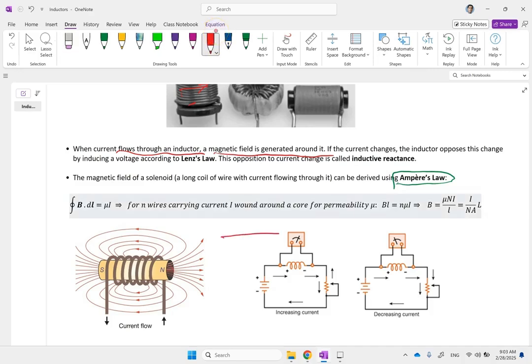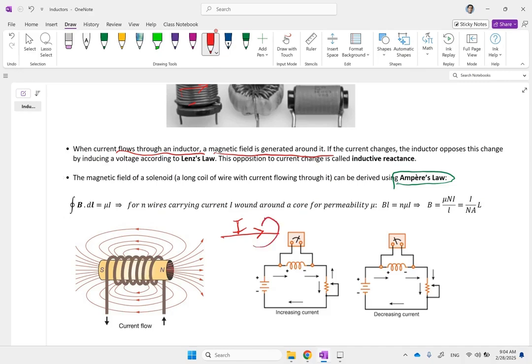It means if you have a wire like that, and the current passing through it is I, around this wire with current I, there will be a magnetic field, which again comes from the right-hand rule.